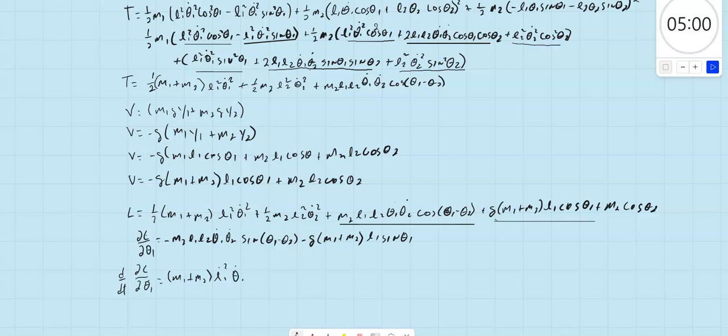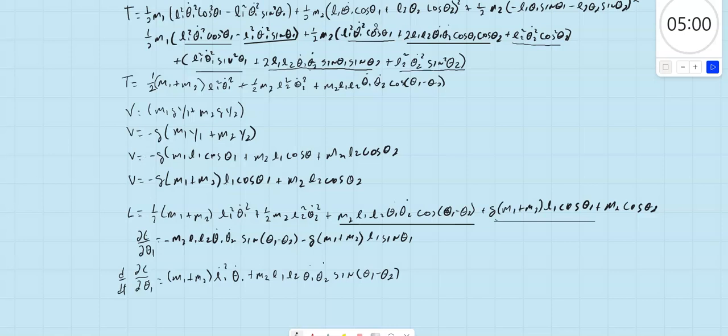Okay, I have a theta 1 dot right here, which would be plus M2 L1 L2 theta 1 dot theta 2 dot sine theta 1 minus theta 2. And I got it from here.